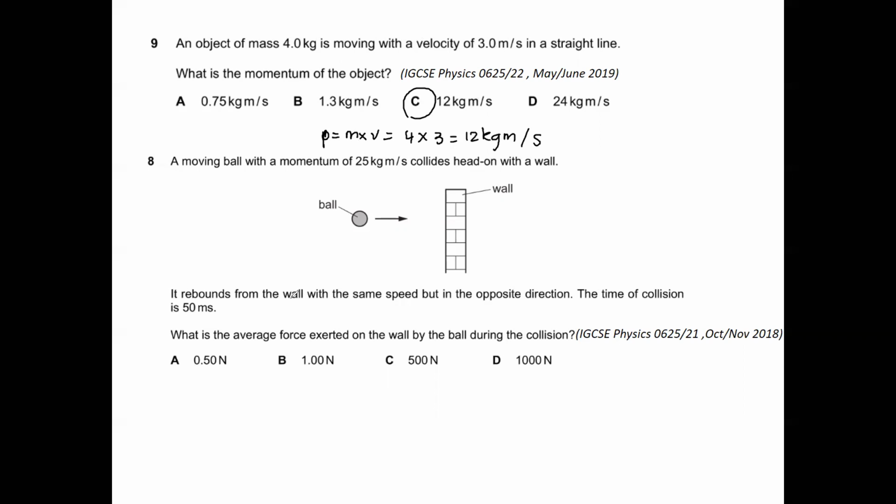And the next one: a moving ball with a momentum of 25 kg m/s collides head-on with a wall. It rebounds from the wall with the same speed but in the opposite direction. The time of collision is 50 milliseconds. What is the average force exerted on the wall by the ball during the collision?